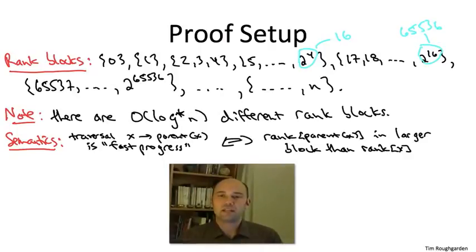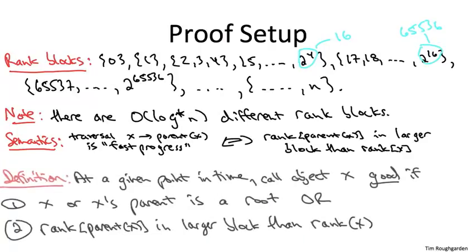So let's build on that idea to make another definition. So consider a given snapshot in time. That is, we've done some sequence of finds, we've done some sequence of unions. So we're going to call some objects at this point in time good and some of them bad. Here are the criteria by which you are good. So first of all, if you're the root of your tree, you're going to be good. If you're a direct descendant of the root, that is, if your parent is the root of your tree, then you're also good.